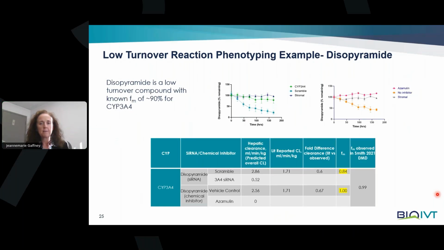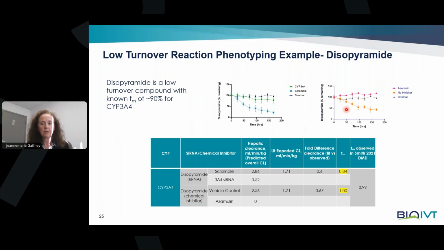Looking at our next example of disopyramide, this is another low turnover compound with a known FM of around 90% for CYP3A4. And in similar fashion, we did look at HEPATOPAC using both the siRNA knockdown method and the chemical inhibition method. In our control, so this would be no knockdown, our scrambled control, you can see parent depletion.